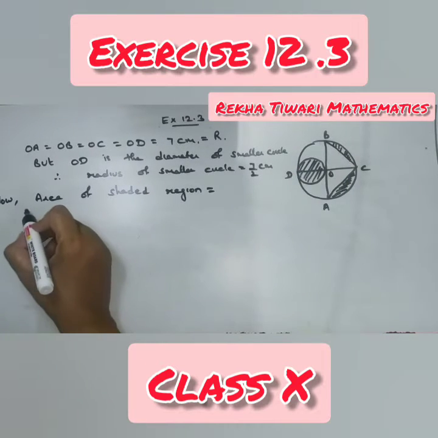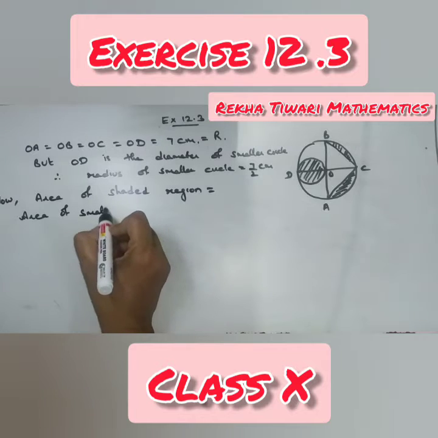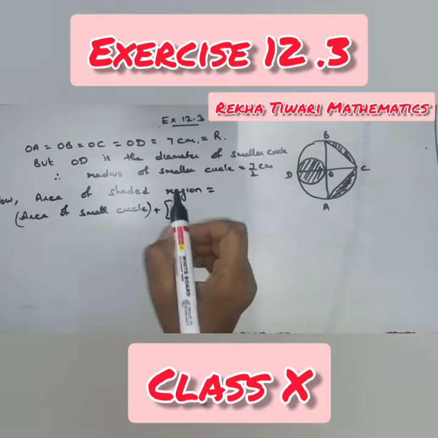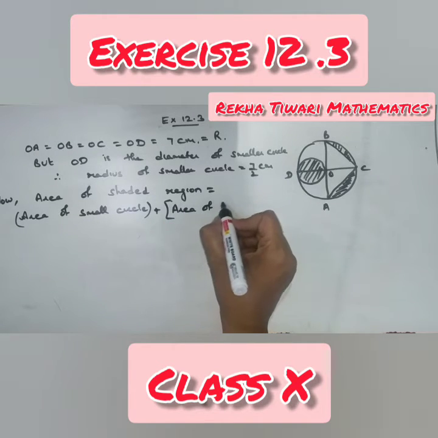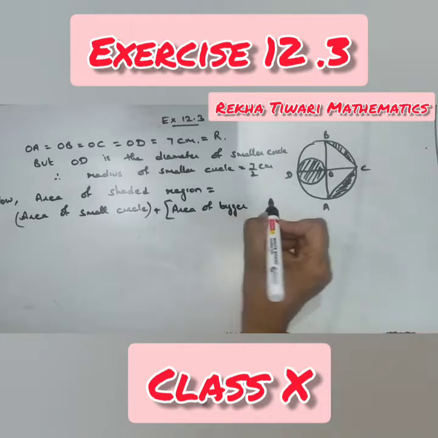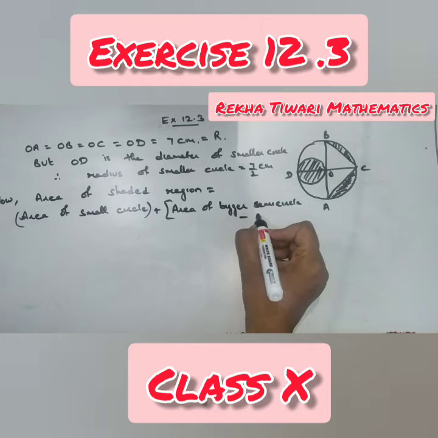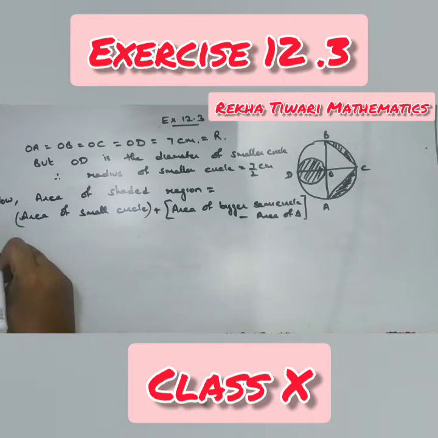So the formula becomes area of small circle plus area of bigger semicircle minus area of triangle. Put down the values.